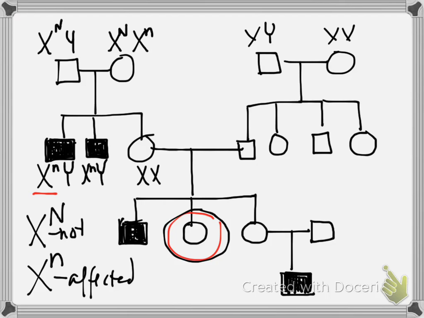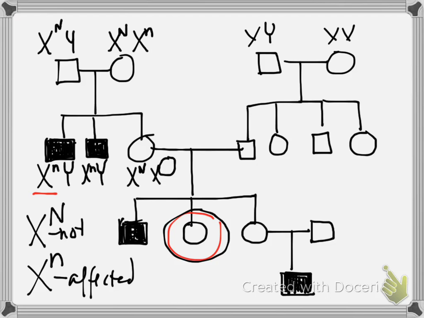Can we figure out the percentage chances that she's a carrier? We know she's not affected, so we know that she has at least one big N. What are the odds that her other X is the X little n?